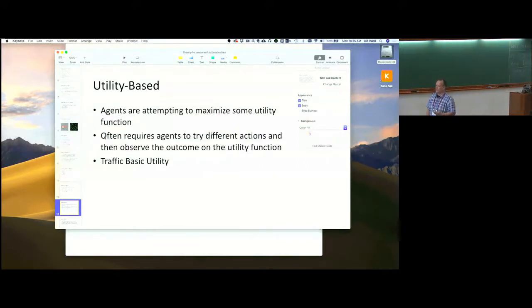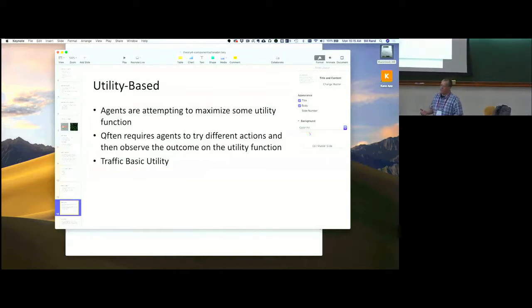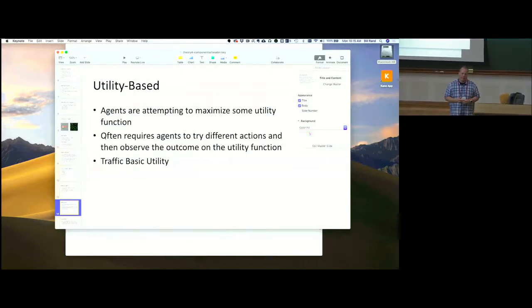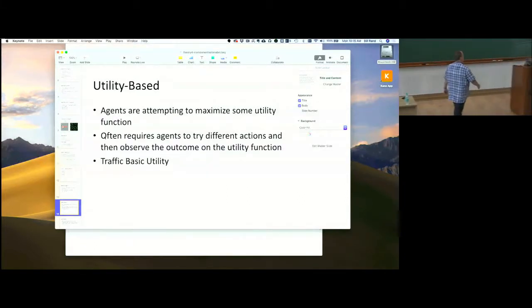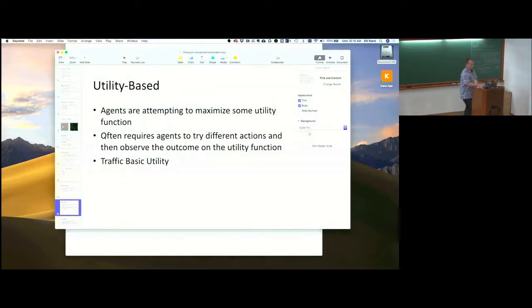And in utility-based cognition, agents are given some utility function, and then they are trying to maximize that utility function, right? So in this case, they kind of have the freedom to choose what actions they want to take to maximize that utility function. Usually they're limited in the freedom of actions they're going to take. So we're going to look at a traffic version where they can choose their own acceleration and deceleration rates, or choose their own speeds, right? And we're going to see if we can maximize an aspect of that, right?